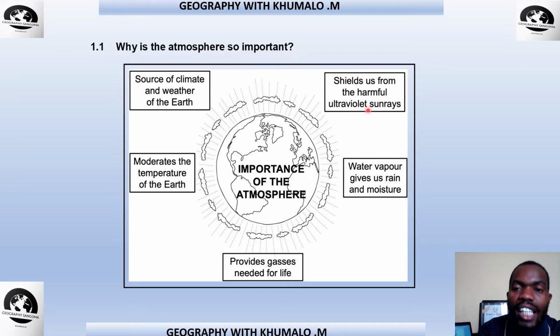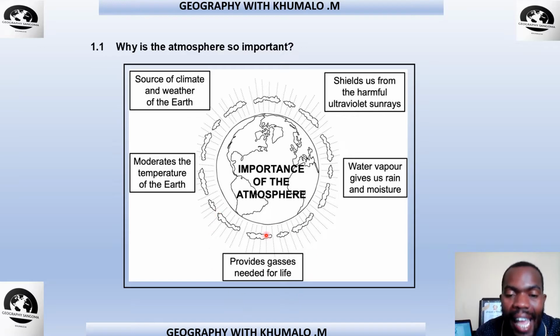It shields us from harmful ultraviolet rays. It moderates the temperatures of the earth. Water vapor gives us rain and moisture, and it provides us with gases that are essential for life. The word essential means that it is important.